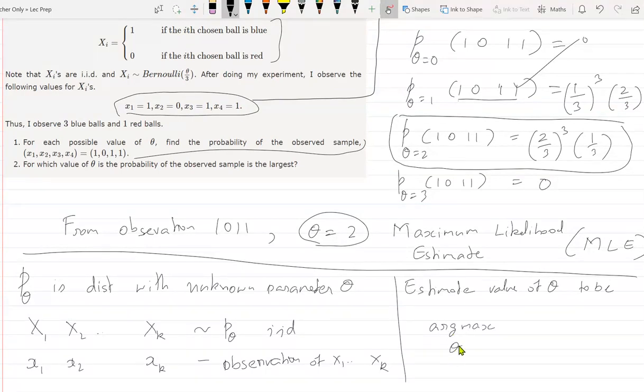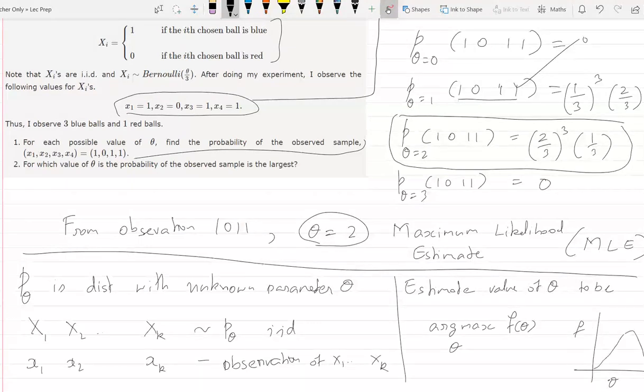Do you know what argmax is? What is argmax of f of theta? It is the value of theta where f theta is maximum. So let's draw the plot of f.